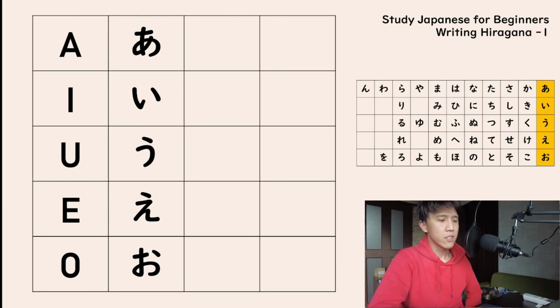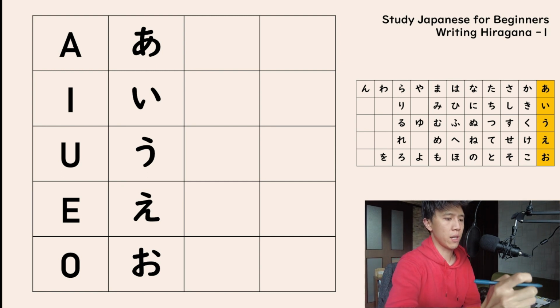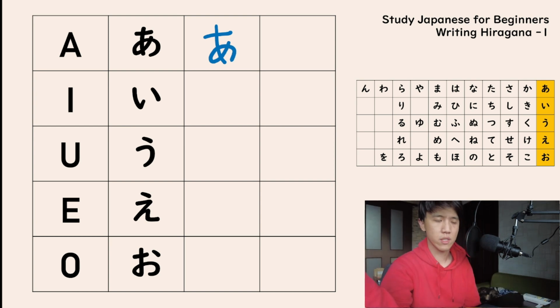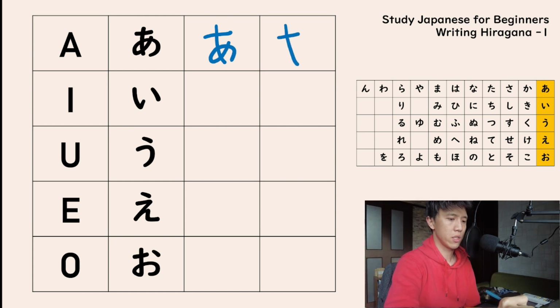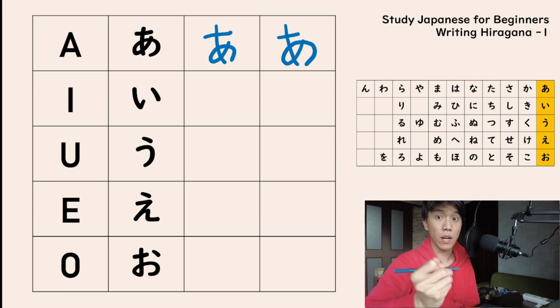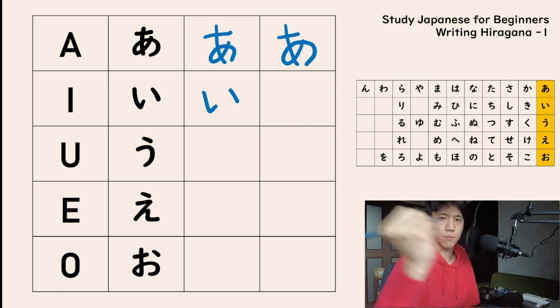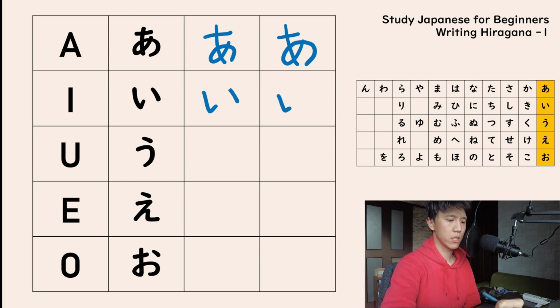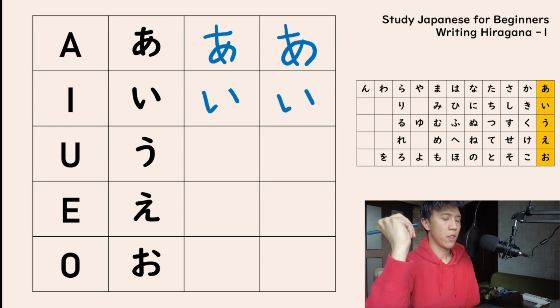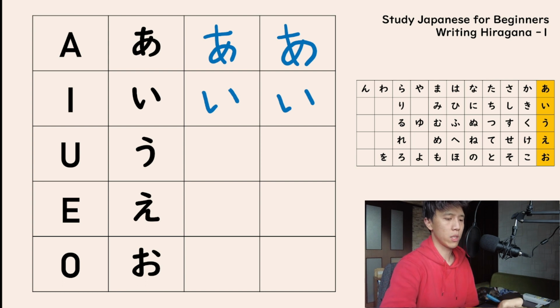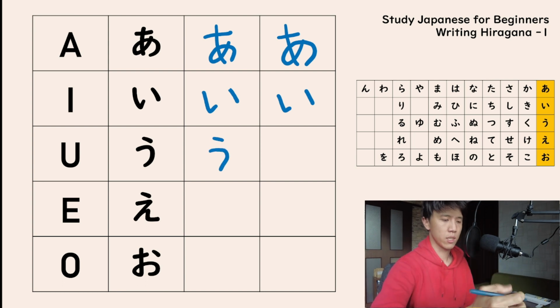Okay, let's start. We start with the first row, A, I, U, E, O, on the rightmost. Okay, we start like this. Ich, ni, san. The second one is I. Ich, ni. This one is I. The third one is U. Ich, ni.